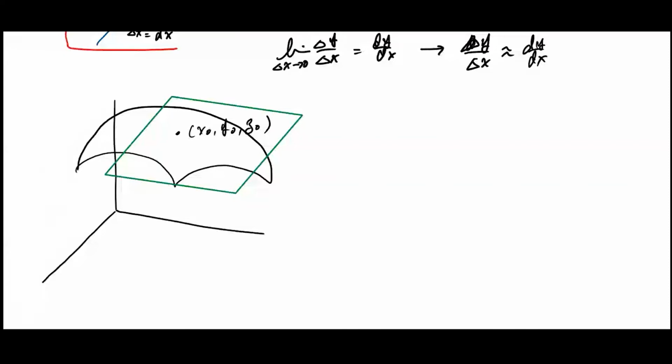It's like point-slope form. So we need a point, and we have a point right here, and we need a normal vector, don't we? Say the normal vector points that way. That's a normal vector, and that is perpendicular to this plane.